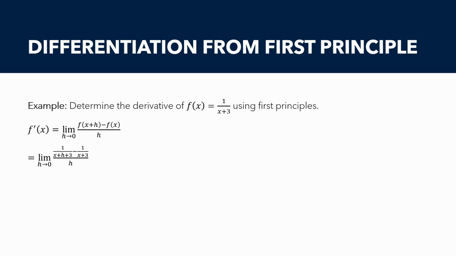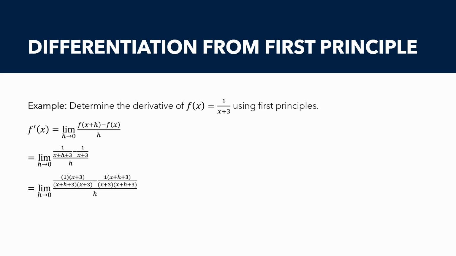And now simplifying that, the first thing I need to do here is to make sure that both my numerator expressions have the same base. The h, I'm still leaving it as it is. That means I'm going to multiply each expression by the base of the other. x plus h plus 3, I'm going to multiply it by x plus 3.